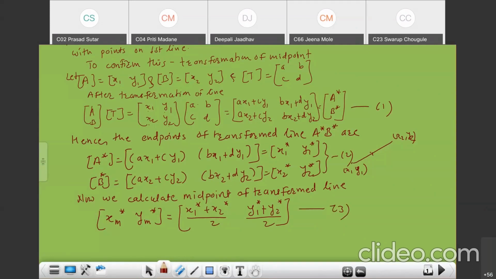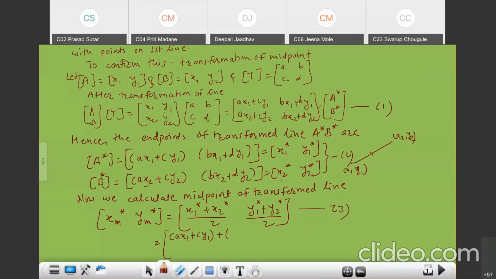Now the midpoints, how we calculate it? x1 star plus x2 star divided by 2 and y1 star plus y2 star divided by 2. Now we put these values of x1 star and y1 star and x2 star and y2 star here. What is x1 star? A x1 plus C y1 and x2 star this one. So I put this value here. This is A of x1 plus C of y1 plus what is x2 star?